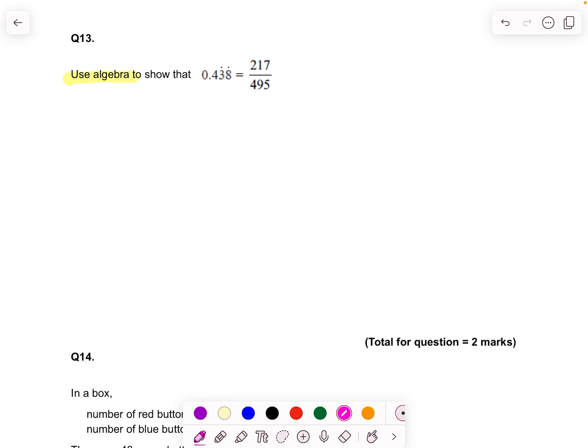I know it's only worth 2 marks, but it's an easy 2 marks. So we say x is 0.43838, whatever, recurring. Now remember, I want the 3838, so I'm going to times it by 10. So I'm going to get 10x, and that's going to give me 4.3838 recurring.